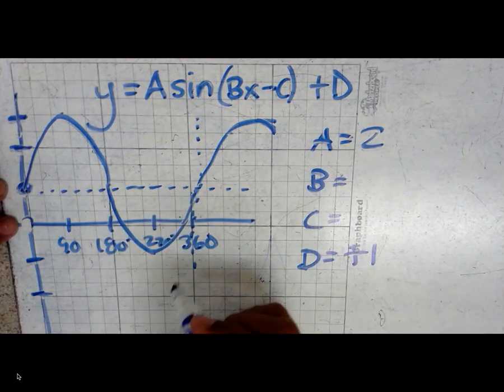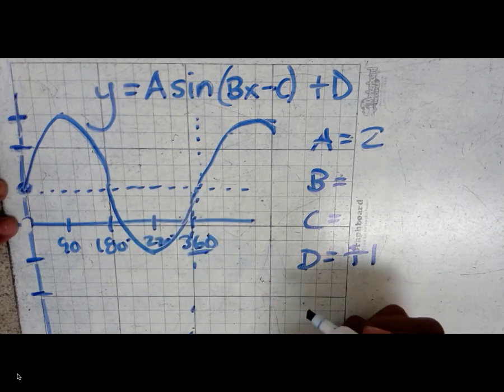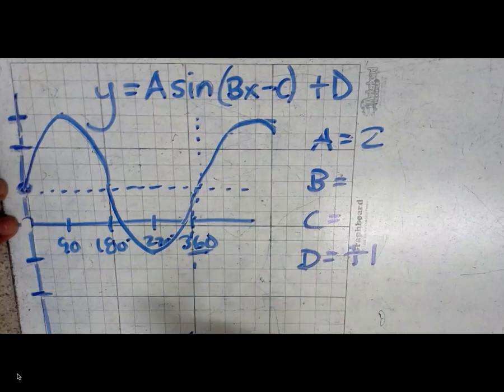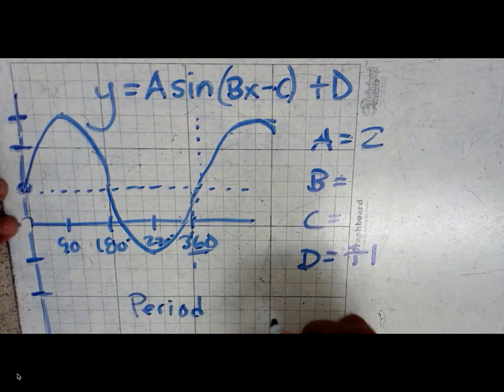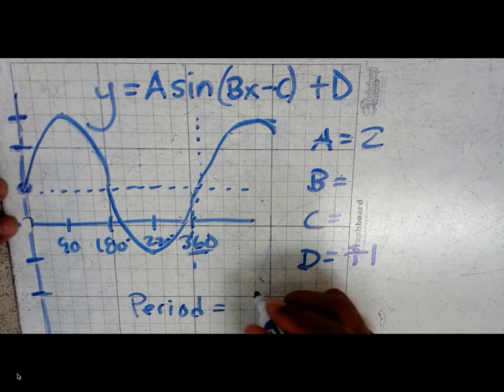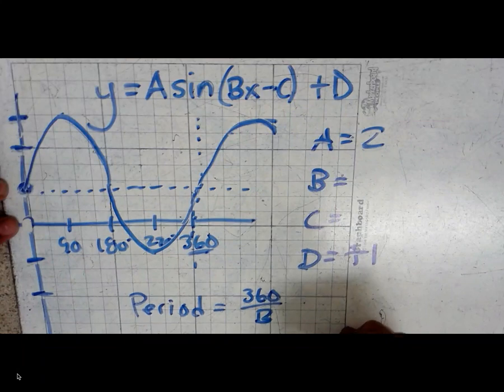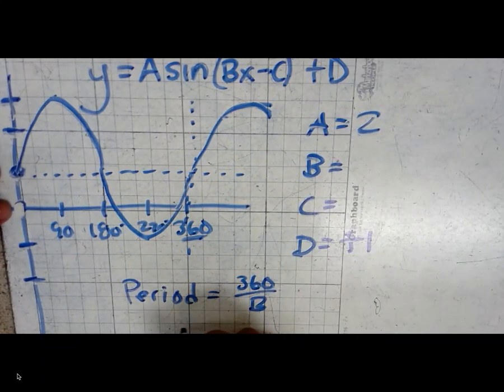All right. So now the period is 360 degrees. If the period is 360 degrees, we find the period like this. Period is equal to either 360 degrees divided by B or 2 pi divided by B. Okay.